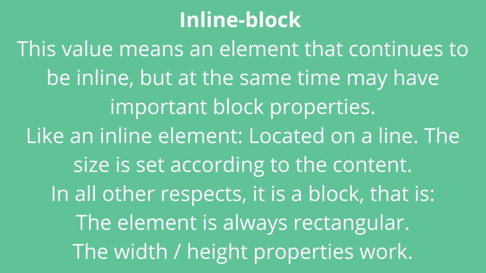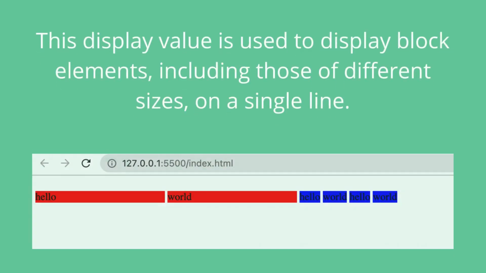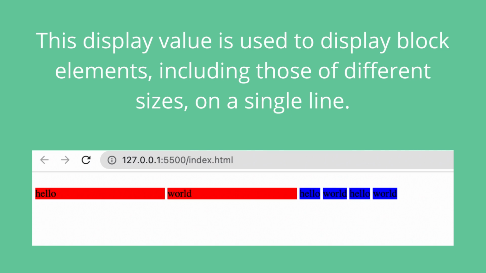So inline block allows us to change width and still make them go into the same line. In the editor, the paragraph tag and span tag in CSS have display inline block. This display value is used to display block and inline elements, including those of different sizes, on a single line.